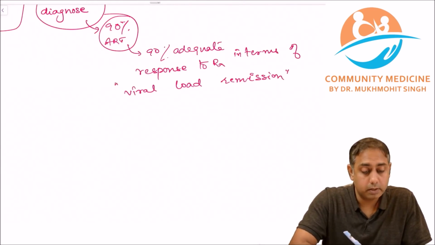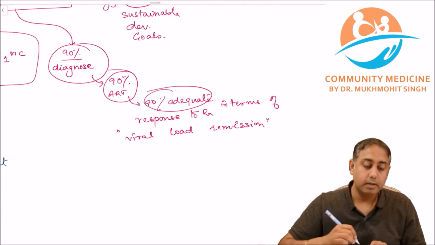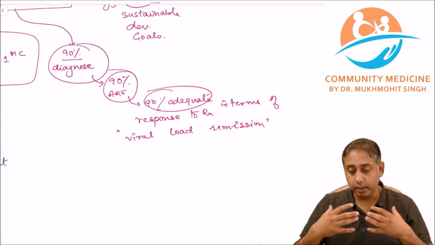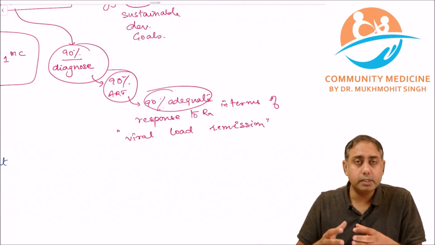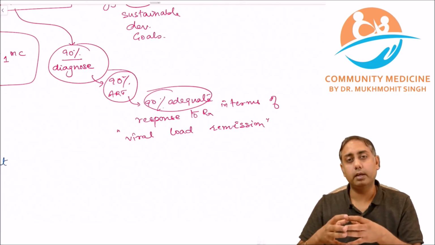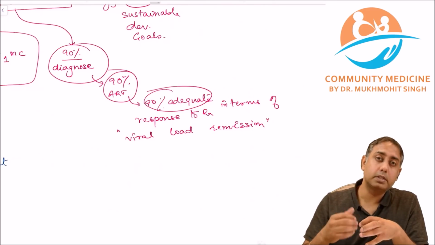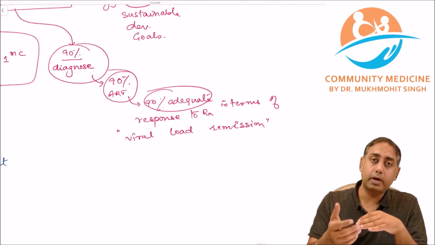Why? Because try understanding that if you formulate a national health policy, we commit as a government, as a public health agency, that out of all the HIV people, 90% we are going to take under this program and diagnose them. Out of those diagnosed, 90% shall be put on treatment and will have adequate viral remissions.